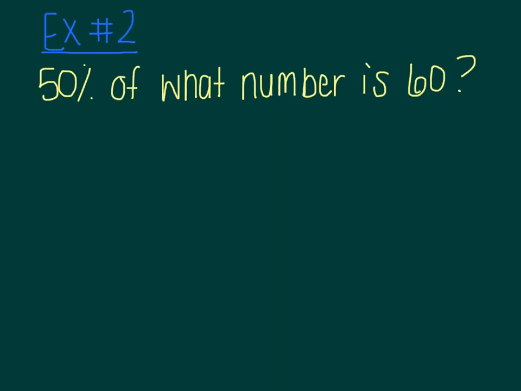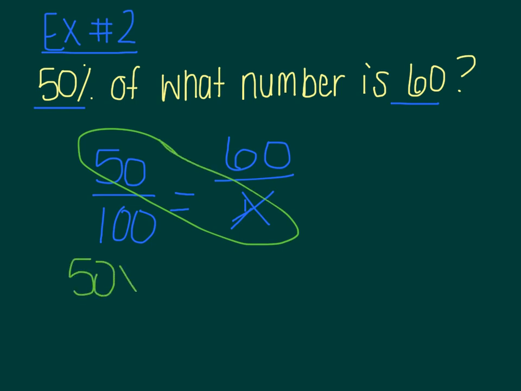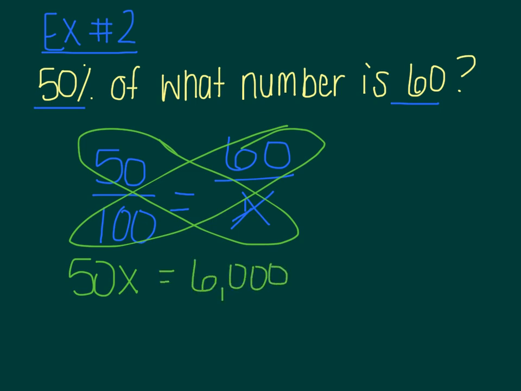Example number 2, we have 50%, so we put 50 over 100 equals 60 is our part, and we don't know our whole. Cross multiply. 50 times X is 50X, and 60 times 100 is 6,000. We have to get X by itself, so we divide by 50 on both sides.